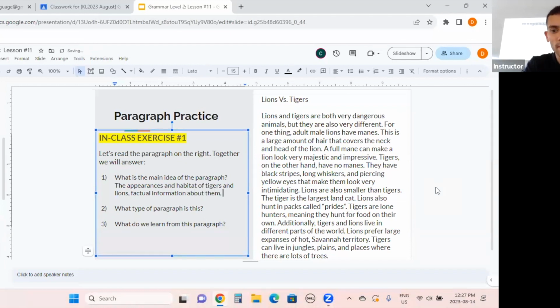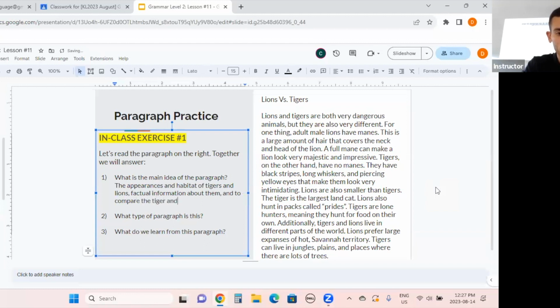Caden, anything to add? To describe them and compare. Right. That's the main idea of the paragraph. Really simple. We don't really have to overthink it.